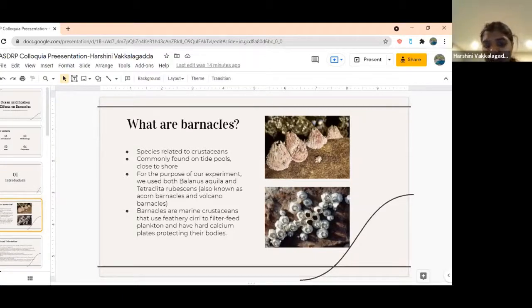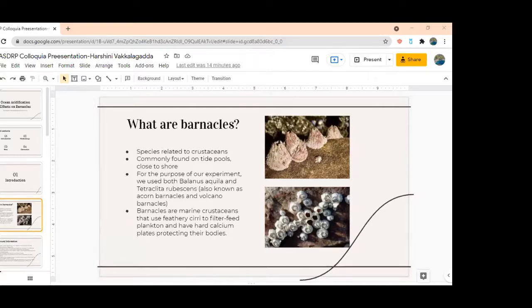And barnacles are marine crustaceans that use feathery cirri to filter feed plankton. The cirri are located at the top of the barnacles, and the way that they function is that they sweep the surrounding water to see if there is any prey that they could feed on, or if they notice that there's something harmful, they immediately retreat back inside of their bodies.